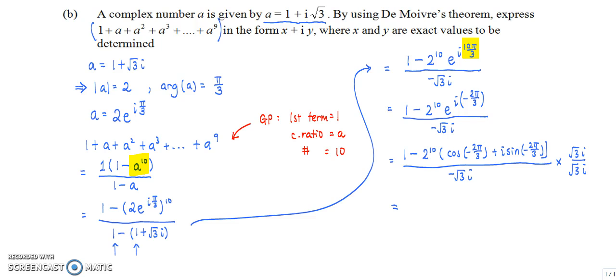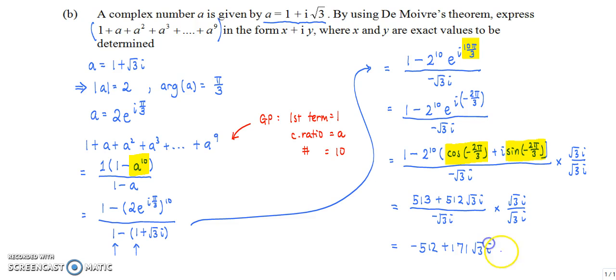Next, evaluate the trigo terms to get the exact values. Simplifying everything, on top it becomes 513 plus 512 square root 3 i, the whole thing divided by negative 3 square root 3 i multiplied by its conjugate. Simplifying further, you will get the answer of negative 512 plus 171 square root 3 i. And that concludes this question.